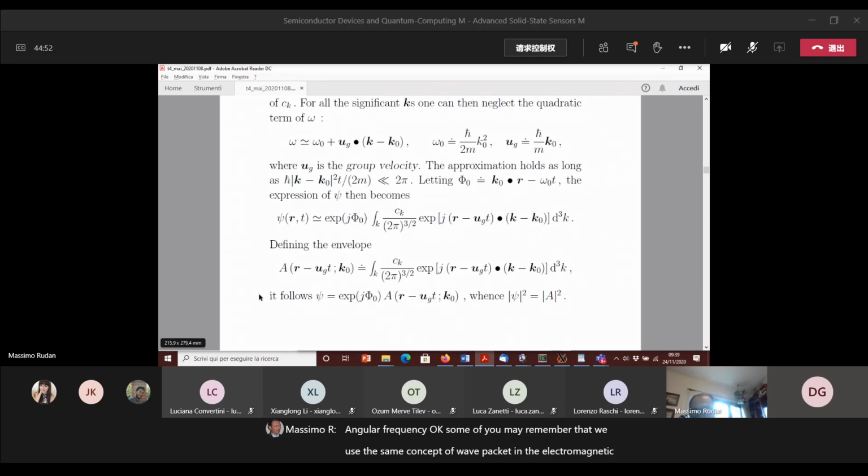Some of you may remember that we used the same concept of wave packet in the electromagnetic theory, but the electromagnetic theory is simpler if you consider the propagation of radiation in vacuum, okay? Why is it simpler? Because you remember that in the electromagnetic theory, the angular frequency is simply proportional to the modulus of the k vector, okay?